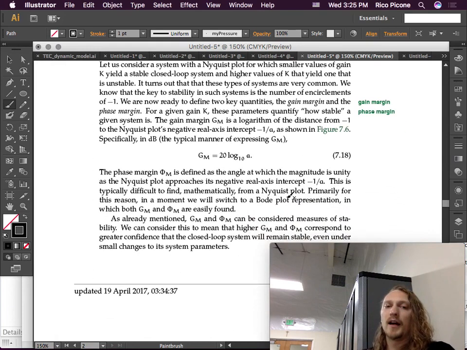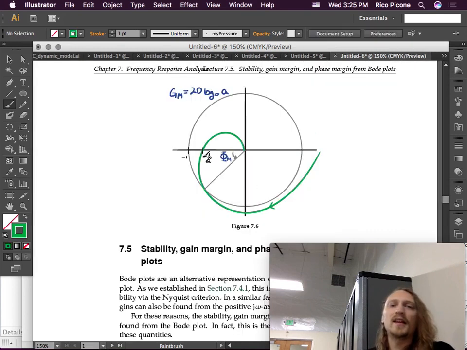And that's the definition of it. And we said that it has to do with the amount of stability that we have, right? So if a is large, that means that we're going to have -1 over a large number, which is going to intercept our real axis like back here, right?